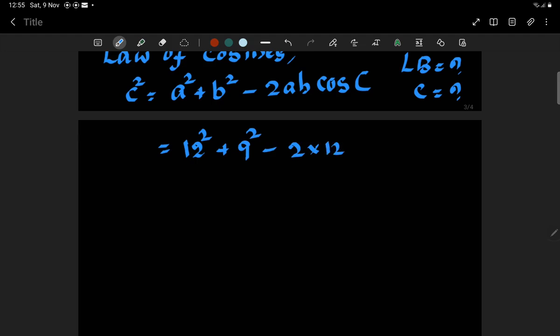Minus 2 times 12 times 9, then cos C, given in the question as 87 degrees. Use the calculator and find out the answer. 12 square means 144, 9 square means 81. Then 2 into 12 into 9 into cos 87.